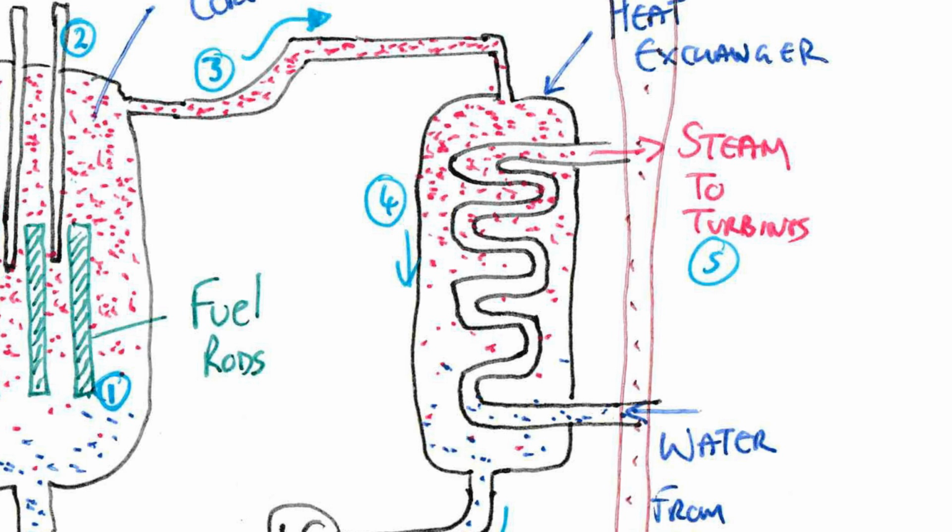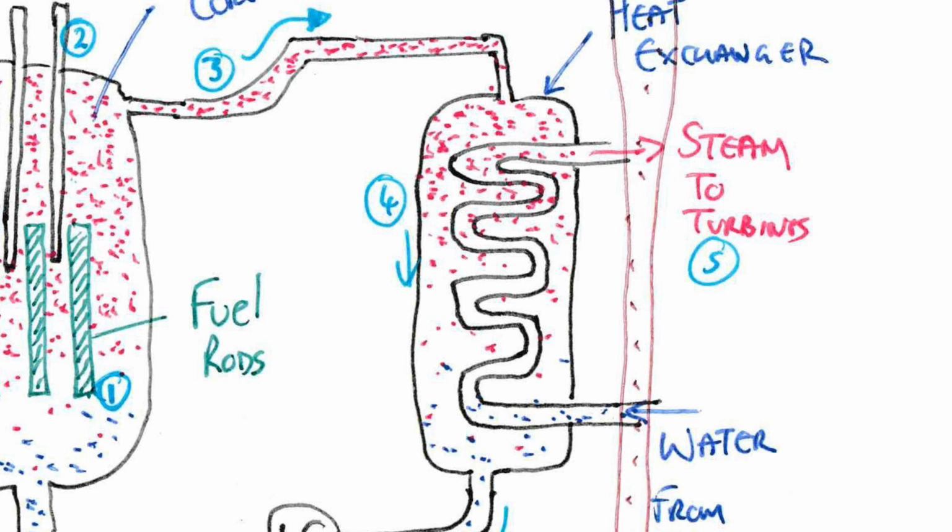This water, which is under enormously high pressure and at a temperature well in excess of 300 degrees C, in that heat exchanger changes the water pumped in at the bottom, which is cool water that's come from the turbines. It goes up through a series of pipes, and by the time it gets to the top, it's turned to steam, again at very high pressure. That steam then goes to the turbine room, where it turns a typical turbine.